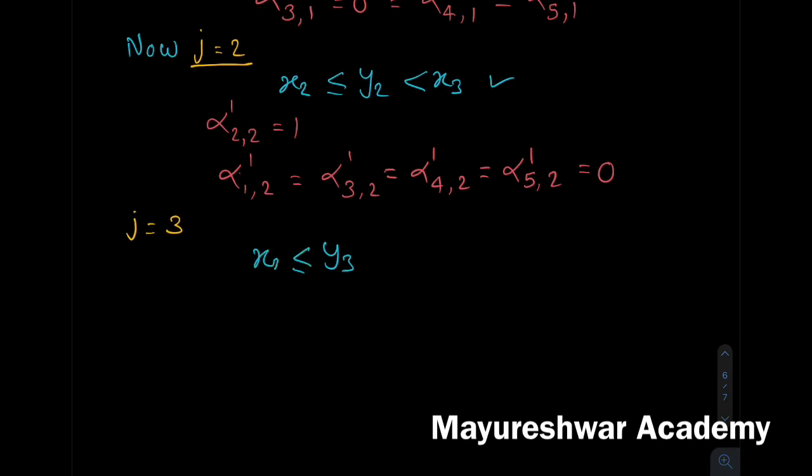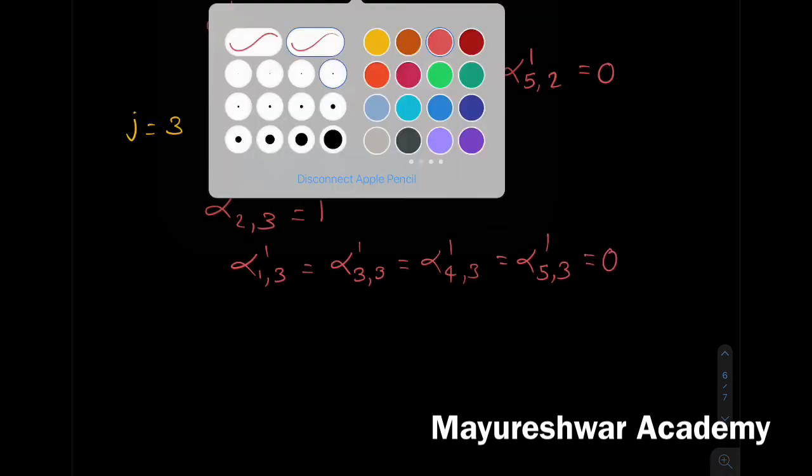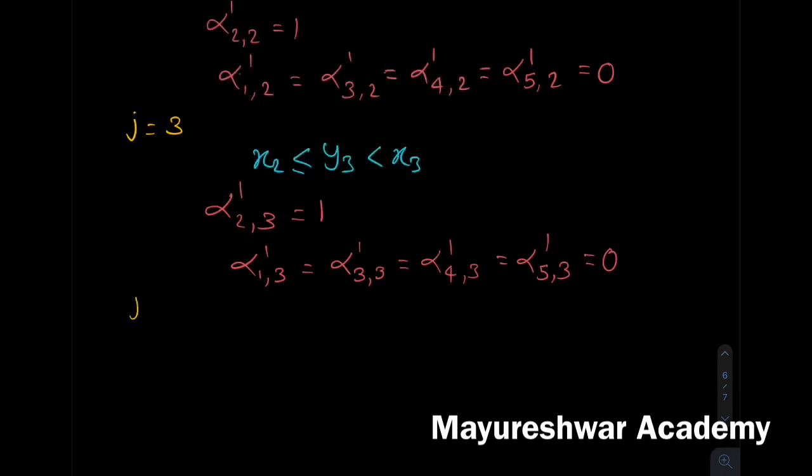So alpha 2,3 is unity now, and all other values, 1,3, 3,3, 4,3, 5,3, are 0 because the condition fails there.